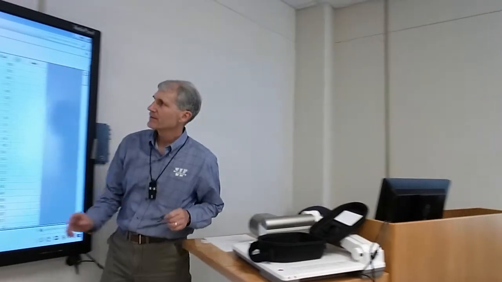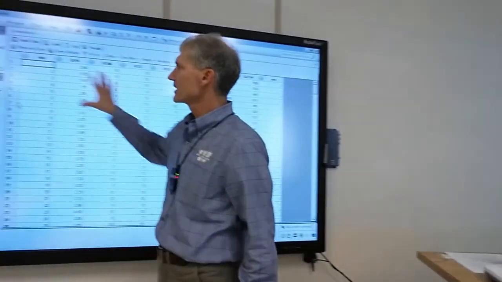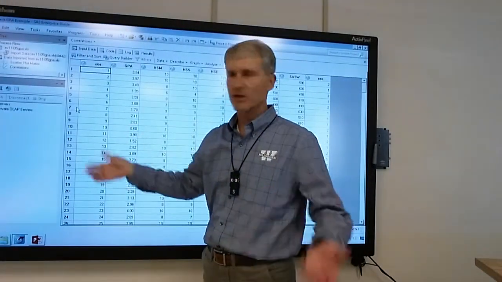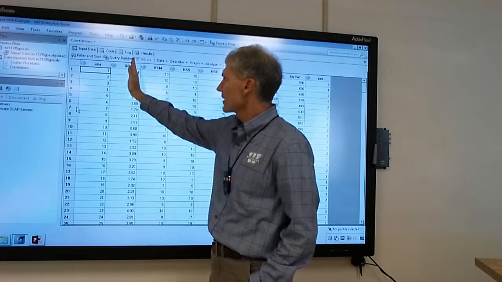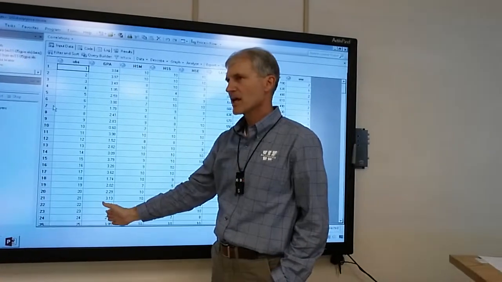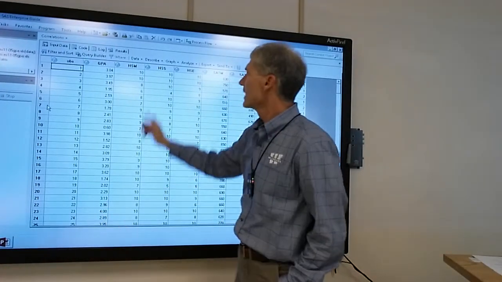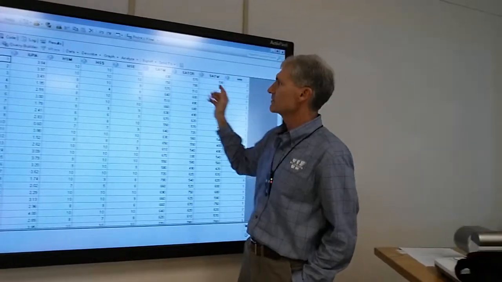So what I have here is SAS Enterprise Guide, and I've loaded the data out of the spreadsheet. So you already know how to do all that. And we've got GPA as the y variable, and then the 6 variables that we started talking about.